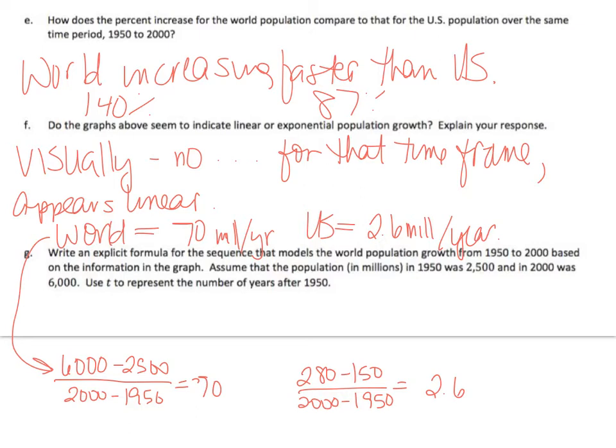So write an explicit formula for the sequence that models the world population growth from 1950 to 2000 based on the information in the graph. Assume the population in millions in 1950 was 2,500, and in year 2000 was 6,000. We just calculated that our population increased by 70 million each year.